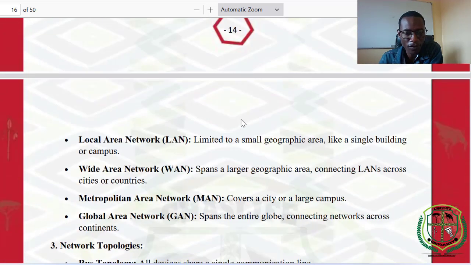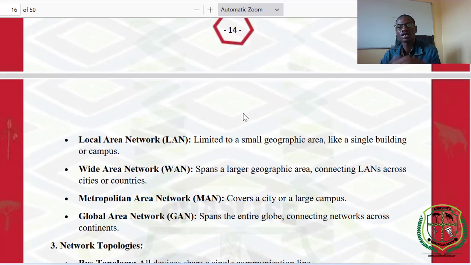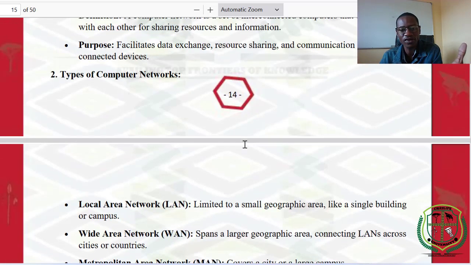Now, what are the types of networks? Of course, some of these we're going to cover in depth in the first unit. Local area network, LAN. Okay, so local area network is limited to a small geographic area. So LAN, local area network, is the first type of network.